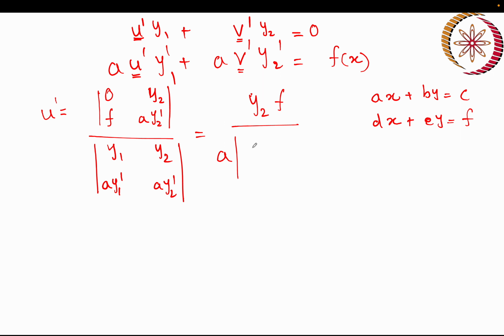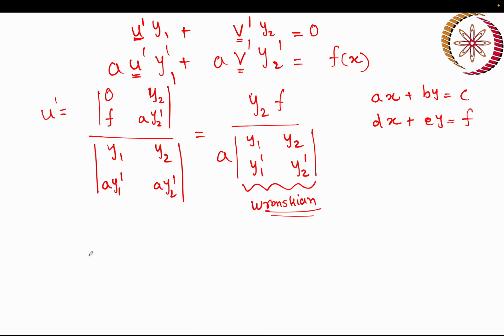So y1, y2 and y1 prime, y2 prime, and this is known as the Wronskian. So you can see how this Wronskian has come into the picture. I might have made some mistake, but you can see that this is how the Wronskian comes into the picture.